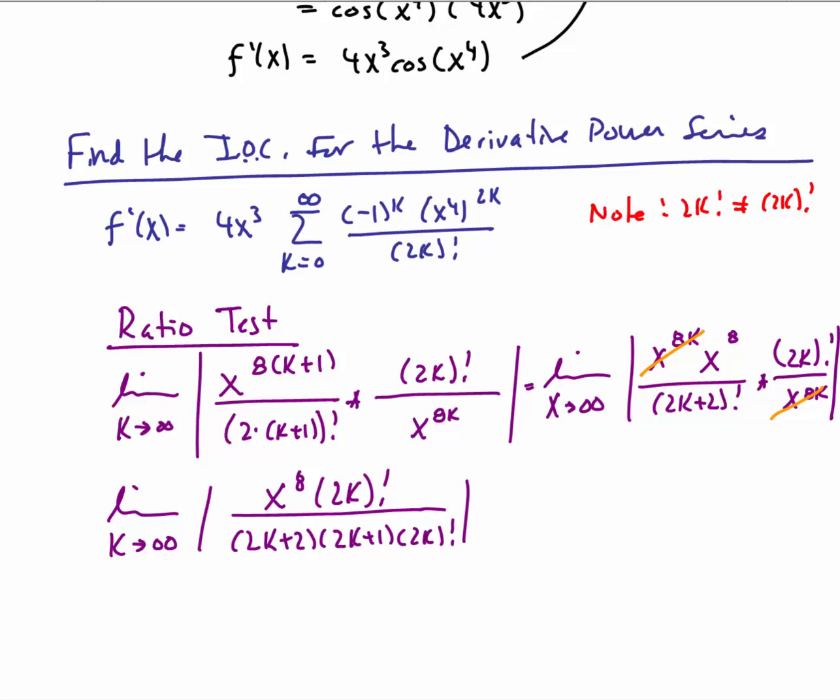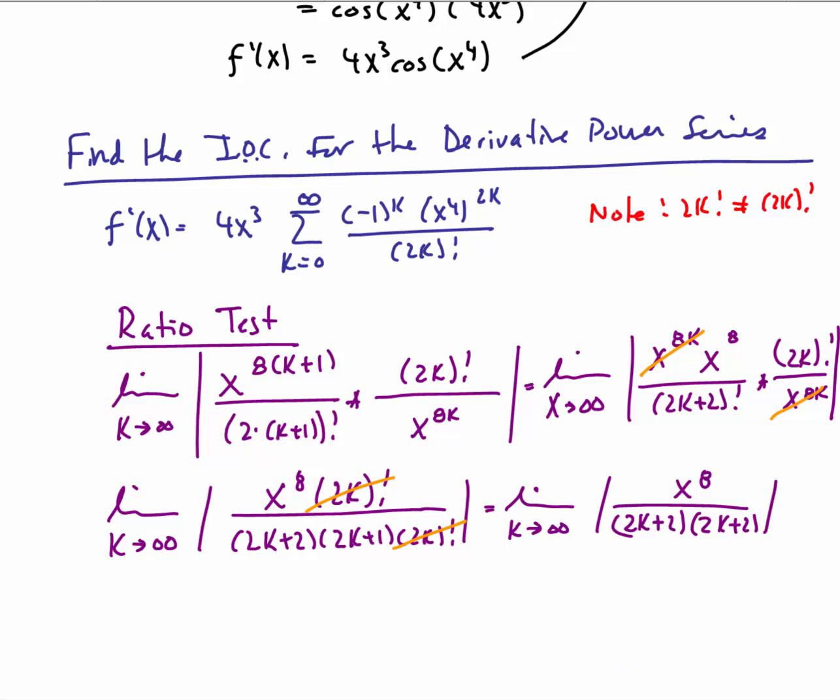Now I can see that we have the 2k factorials canceling, and I'm left with the limit as k approaches infinity, absolute value, which doesn't end up being all that important here because x to the 8th is already positive because it's to an even power.